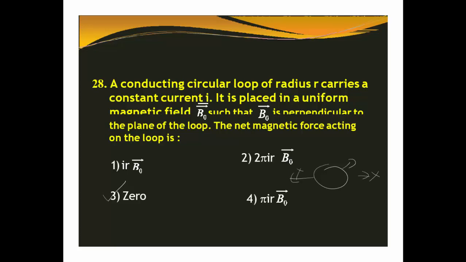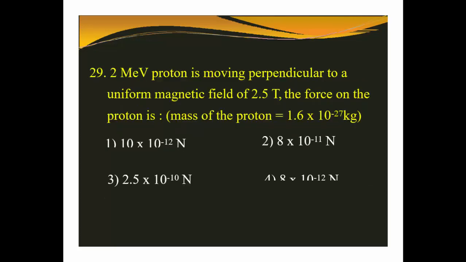It will only expand or contract, depending on the direction of current and the direction of magnetic field. But the loop never moves along any axis, meaning the net force on the loop is 0. Option 3 is correct. It is related to the above question 27. Okay, next question.